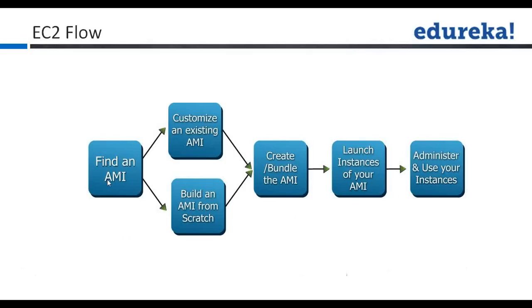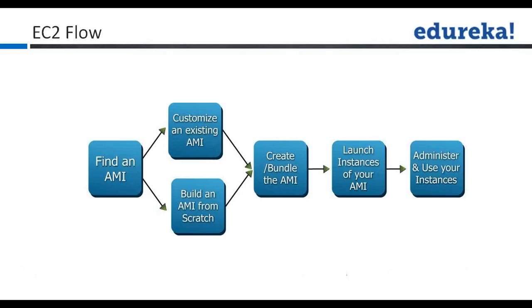How is the EC2 instance flow? First you find an EC2 AMI to launch. Based on your AMI requirement, whether you want to launch in Ubuntu, Windows, or Linux, you find an AMI, and then based on that AMI you launch an instance. You launch an instance from your AMI and it is available to you.